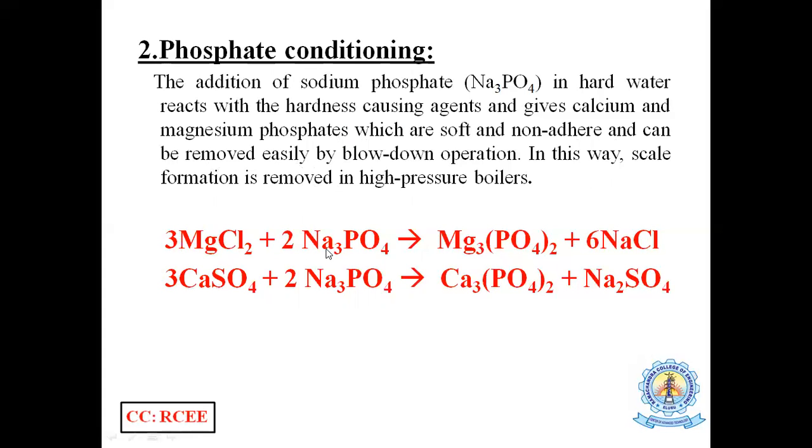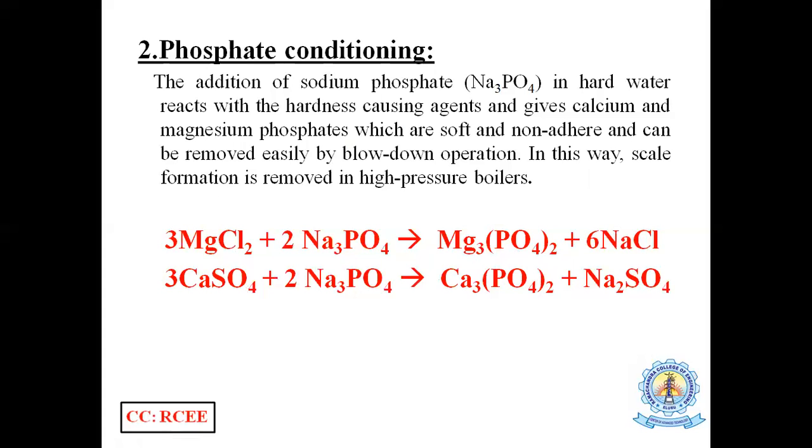When we mix sodium phosphate with these calcium and magnesium salts or sulfates, they are converted into their phosphates, that is magnesium phosphate and calcium phosphate. Magnesium phosphate and calcium phosphate are soft precipitates.